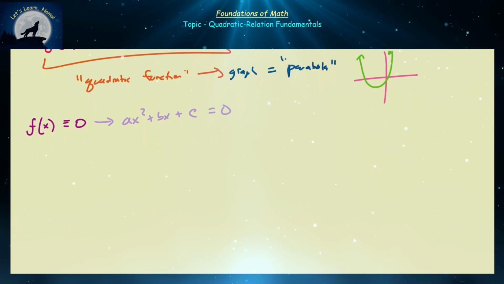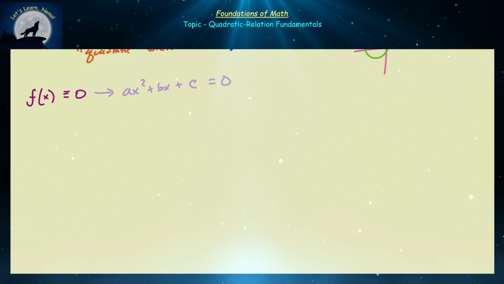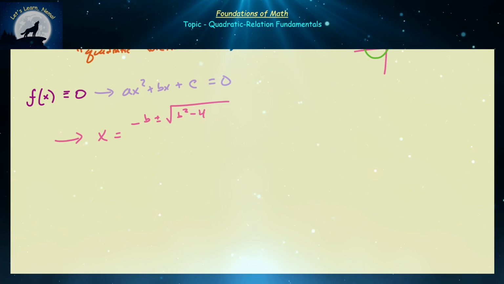Since we have this particular object, you can complete the square on this, and we can get something called the quadratic formula. In particular, x is equal to negative b plus or minus the square root of b squared minus 4ac all over 2a.